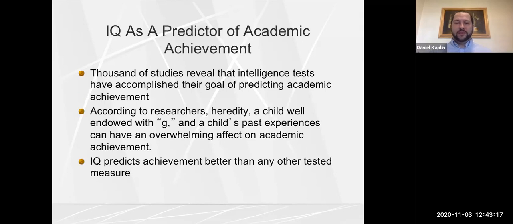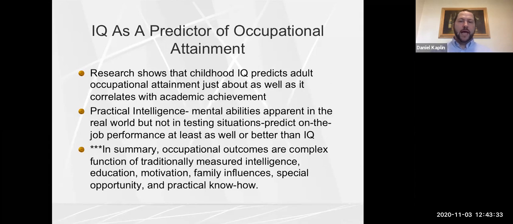All right. Now, what does IQ predict? Well, we see that IQ is a very good predictor of academic performance. In fact, IQ predicts achievement better than any other measure. Now, how about occupational attainment? Once again, we see that IQ predicts performance in the workforce.